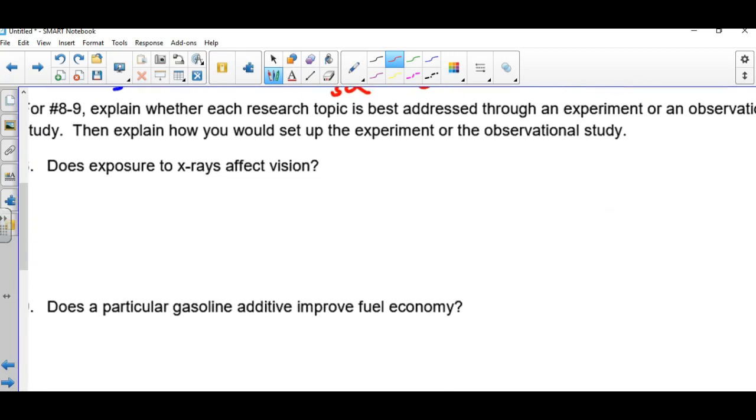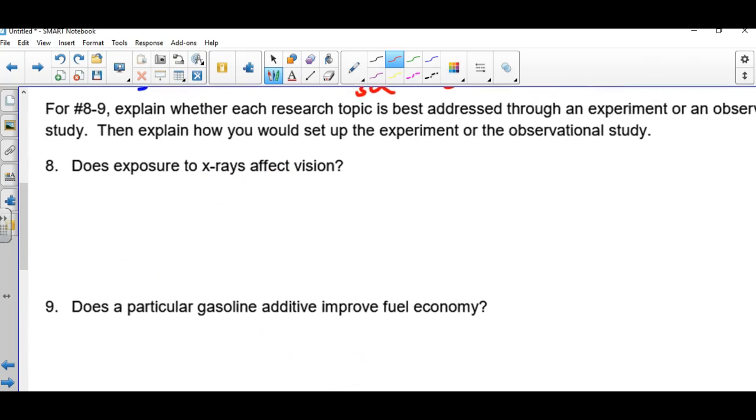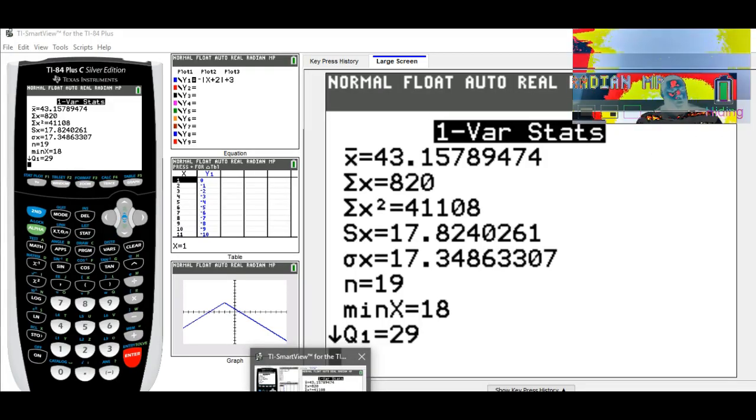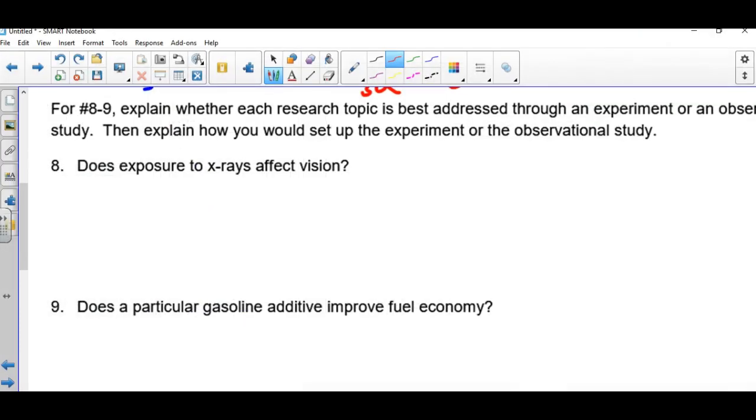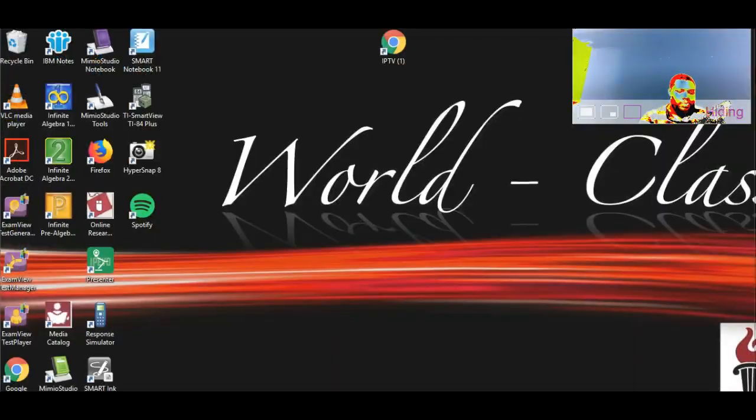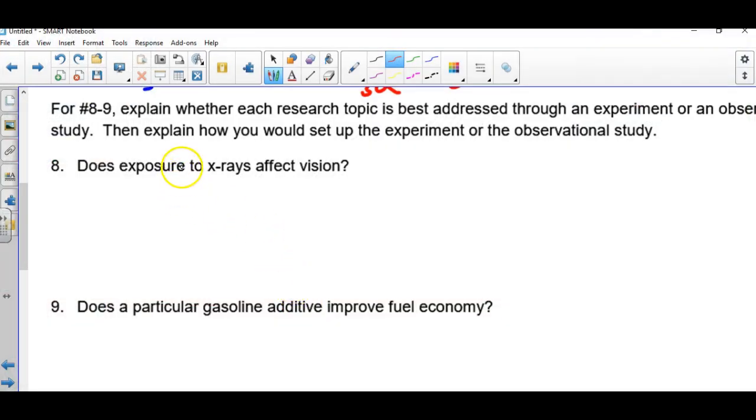All right, let's see here. Last couple of problems, almost there. Explain whether each research topic is best addressed through an experiment or an observational study, and explain. So, does exposure to X-rays affect vision? Well, that right there is going to be observation.